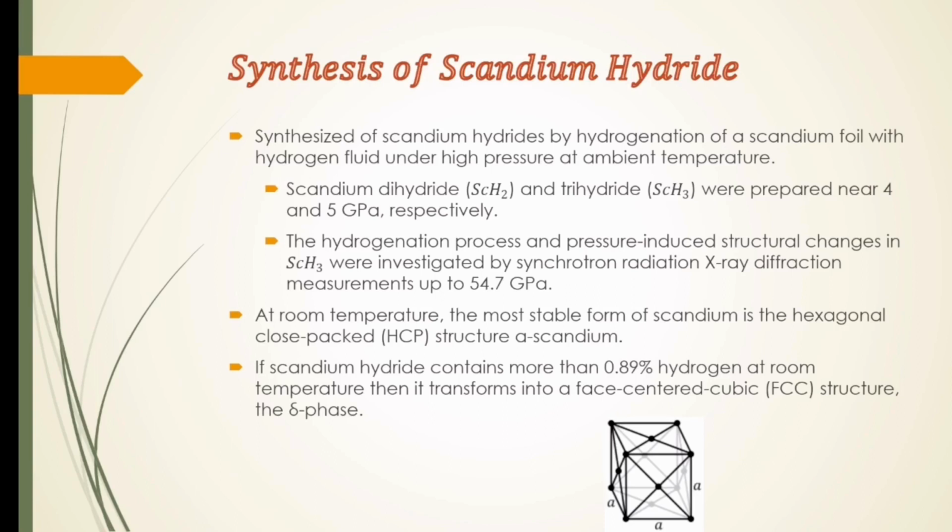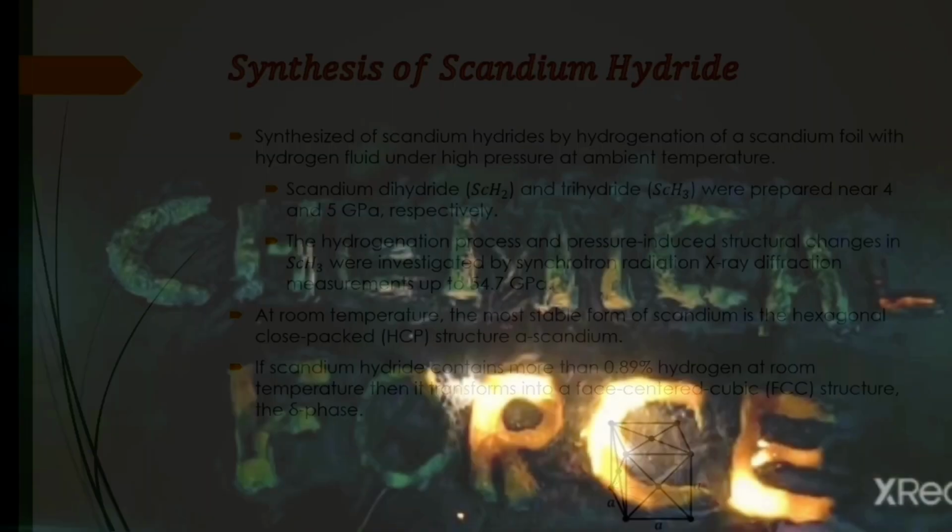At room temperature, the most stable form of scandium is the hexagonal close-packed HCP structure. If scandium hydride contains more than 0.89% hydrogen at room temperature, then it transforms into a face-centered cubic structure, the alpha phase. This picture shows the FCC structure.